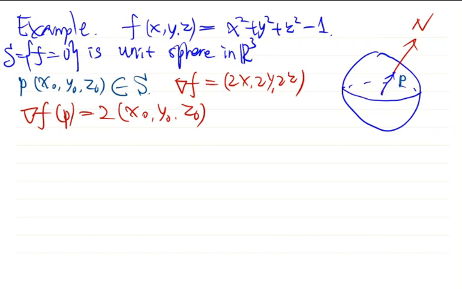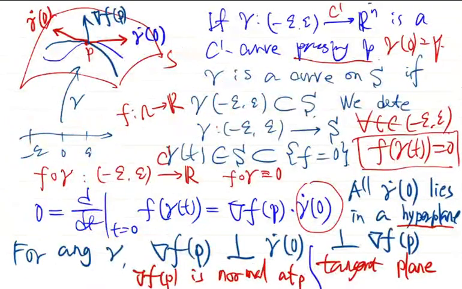Point P is on the sphere, and from the origin, the center of the sphere, to the point P we have a position vector. This position vector is proportional to the gradient of f at P. So this means the normal is in the same direction as the position vector. We know for the sphere this is true. So this justifies our previous general argument for the general surface.